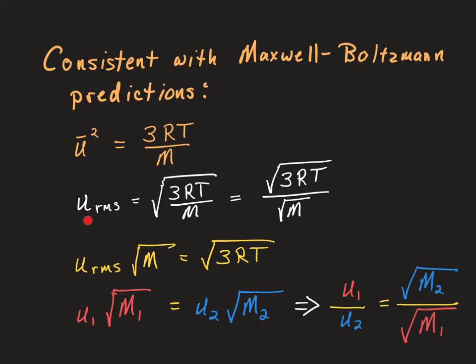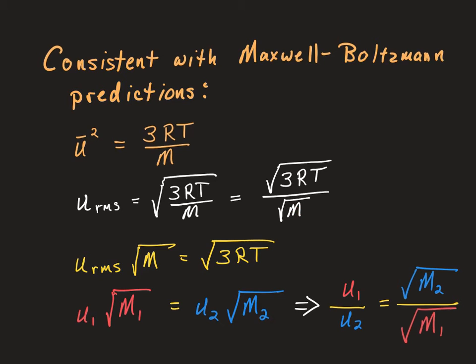And so the root mean squared velocity is the square root of that whole quantity. The square root of a fraction is the square root of the numerator divided by the square root of the denominator, so we can separate those two.